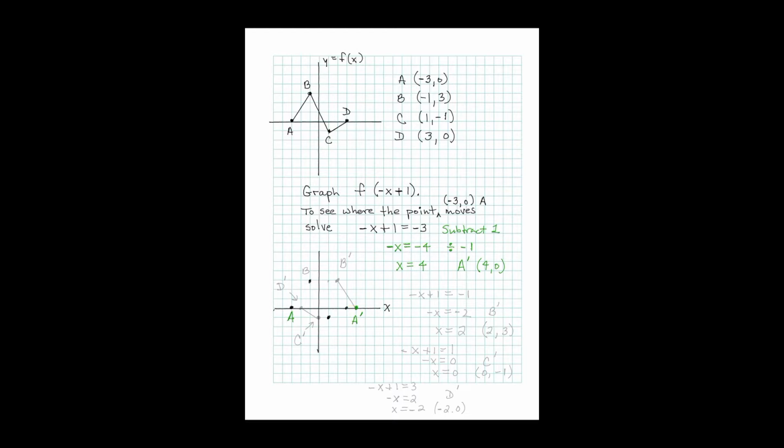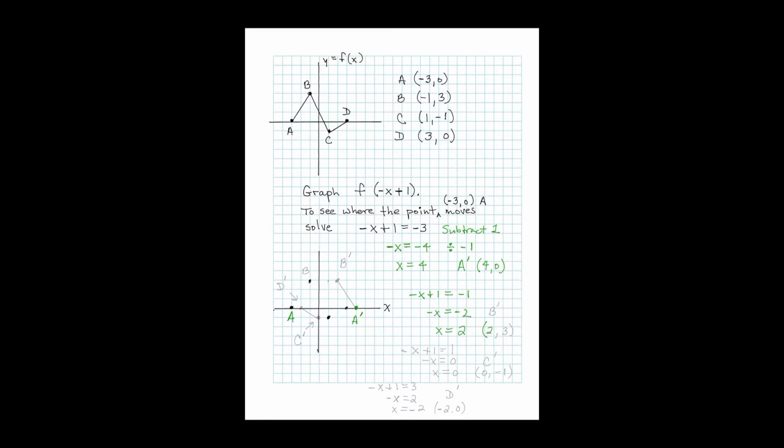All right, let's see where point B will land. So I'm going to take negative x plus 1 and set that equal to the x coordinate for B, which is -1. And I'm following those same steps that I did before. I'm subtracting 1, that gives me -2, and I'm dividing by -1, that gives me +2.